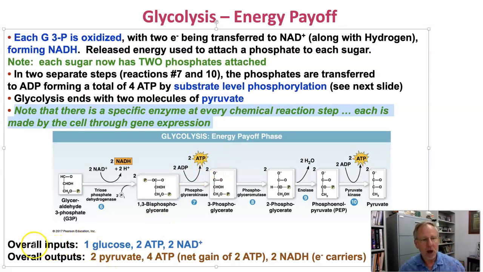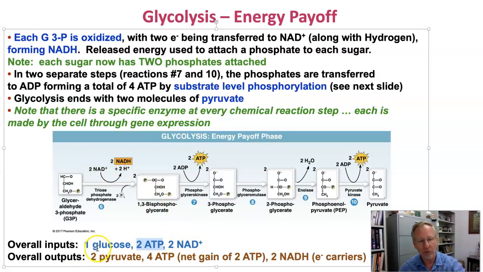Now, if we look at the very bottom of my slide, I'm summarizing. What are our overall inputs in glycolysis? Well, an input was a molecule of glucose at the very beginning of the energy investment phase. An input, 2 molecules of ATP, and an input, 2 molecules of NAD. Right. Well, what are the outputs?